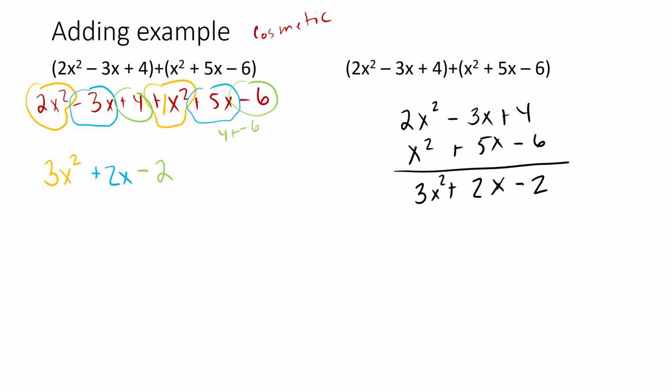There are advantages and disadvantages to both of those structures. Whatever your teacher does or whatever you're more comfortable with, you can set it up horizontally or vertically, and I just wanted to show that to you. It's about the same amount of work involved with each of them, so just pick whichever one you like better.